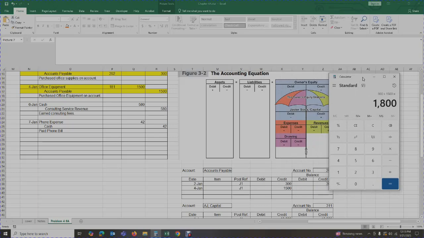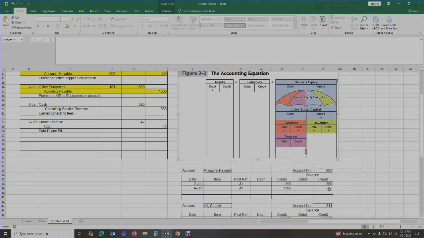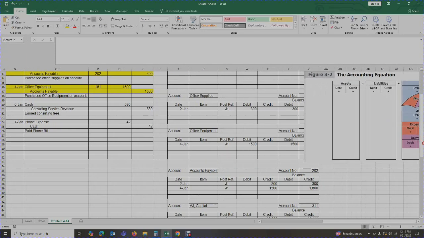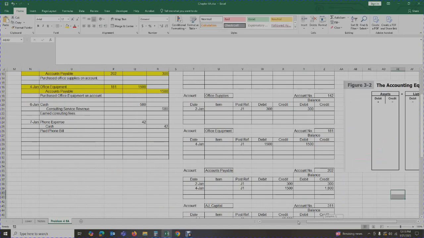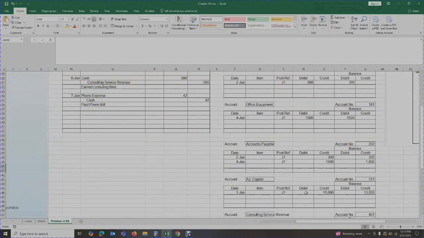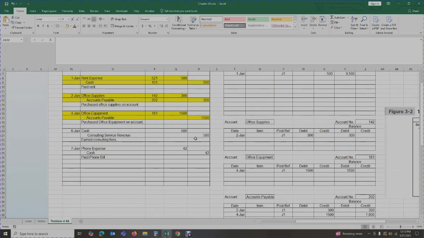I'm going to add them together. So my ending balance will be a credit of $1,800. This tells me that I owe $1,800 to different vendors. So that is accounts payable, and this is account number 202.